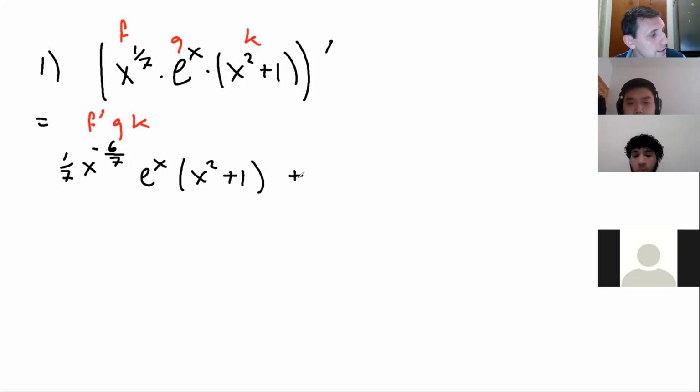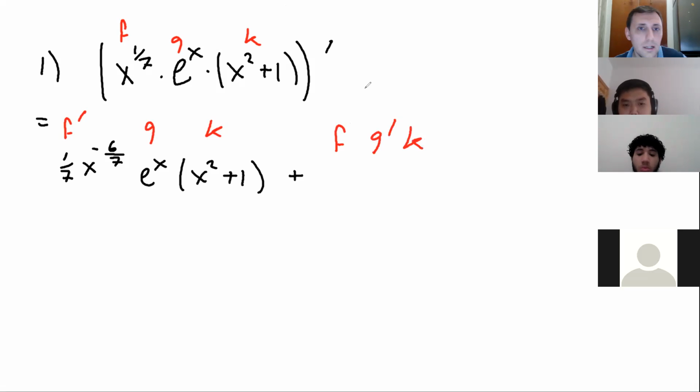And then you write plus. Now this is f prime, this is g, this is k. So next you have f g prime k. That's very simple. What's f? It's just x to the 1/7. What's g prime? It ends up being e to the x. And k is x squared plus 1.